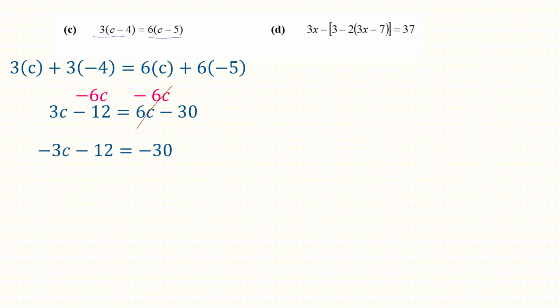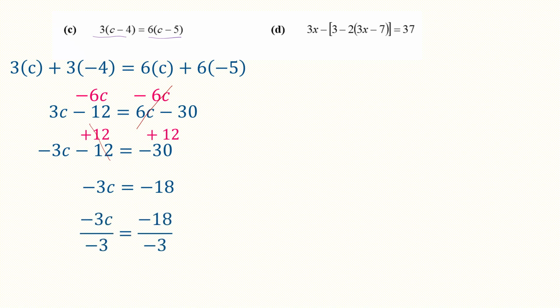Then to find the zero pair for negative 12, I have to add 12 to both sides. So this will be gone. So I have negative 3c equals negative 18. To find 1c, I divide by negative 3 on both sides. And that's how I get c equals 6.